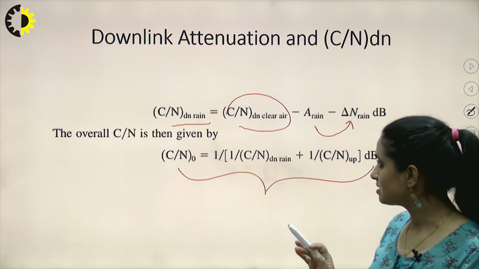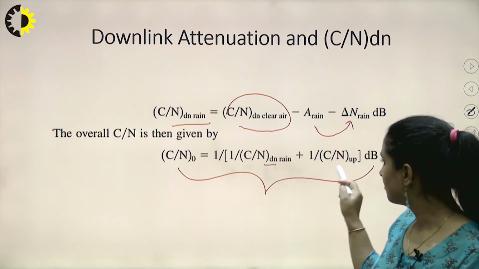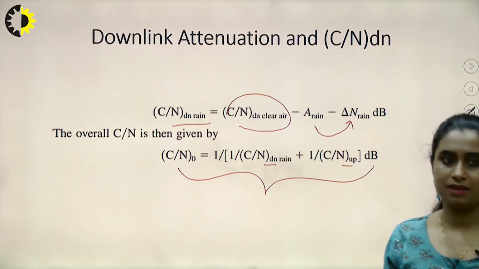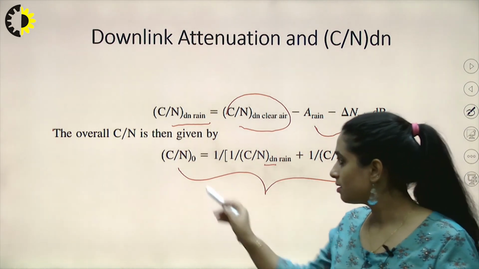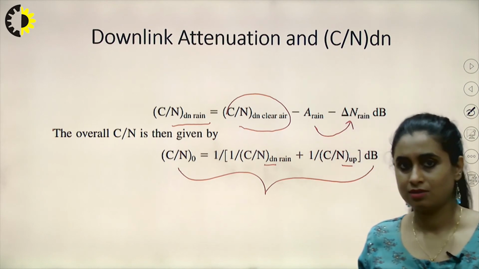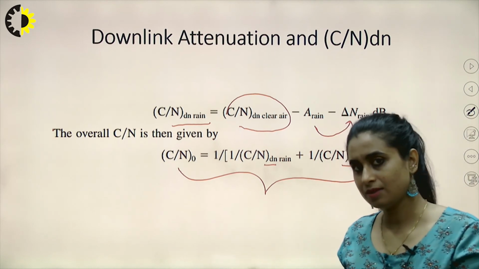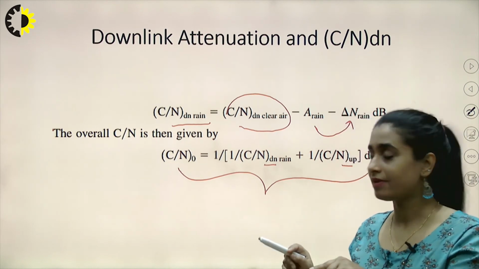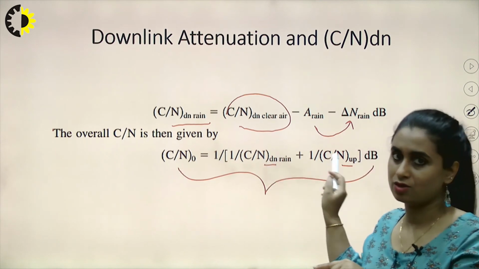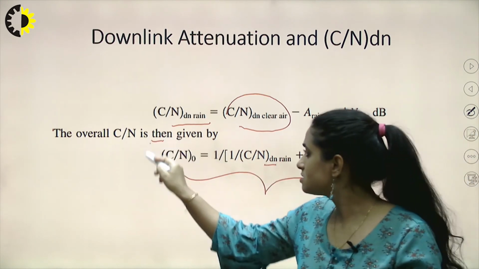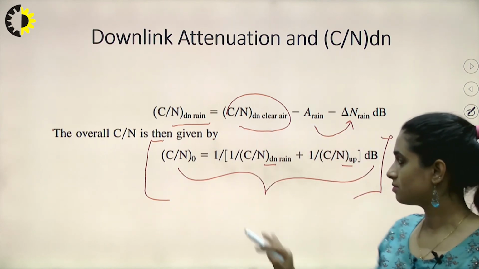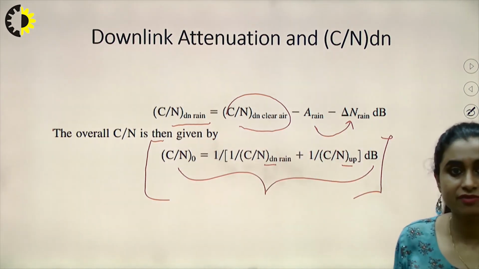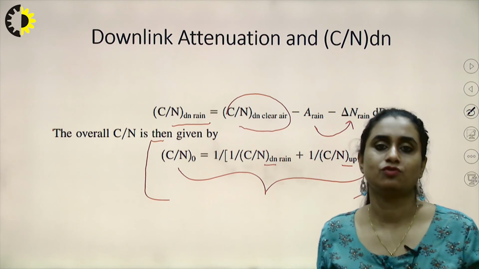Here we are considering rain in case of downlink but not in case of uplink, and the overall C2N is given by the reciprocal formula. So this is the overall gist of what we have discussed so far.